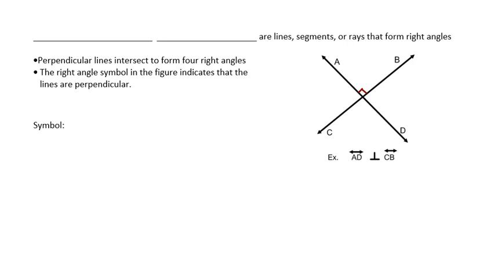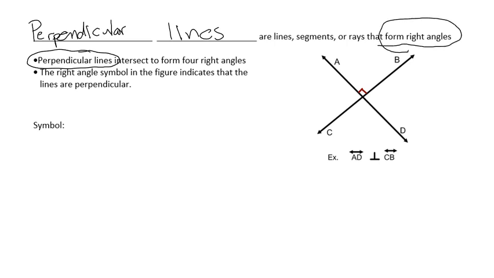Now, the word perpendicular. Some of you may have heard about it. Some of you may have not heard about it. It is a basic of geometry. Perpendicular lines. They're lines, they're segments, they're rays that form right angles or 90-degree angles. So in this case, you have line AD. I'm going to highlight that in yellow.